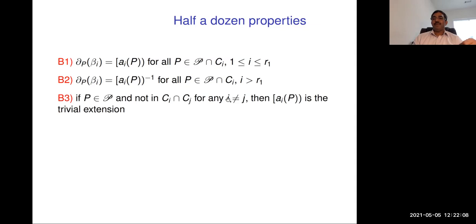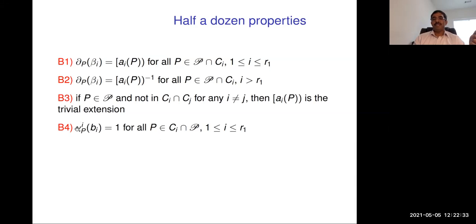At the points P in this finite set which are not in the intersections, we want this to be a trivial extension, so either a trivial Artin-Schreier extension or a trivial Kummer extension. For every P, a closed point of Ci, it gives a discrete valuation on kappa(Ci). But this P could be on two different Ci's, so that's why I said P in Ci.